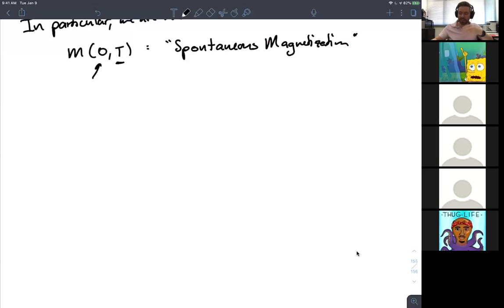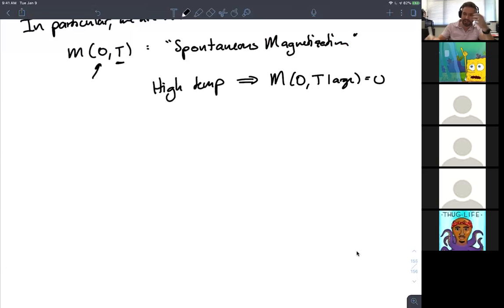So at high temperature, there should be no magnetization. For T large, this should average out to 0. We're just going to have random fluctuations, and when we average over them, everything averages out to 0.